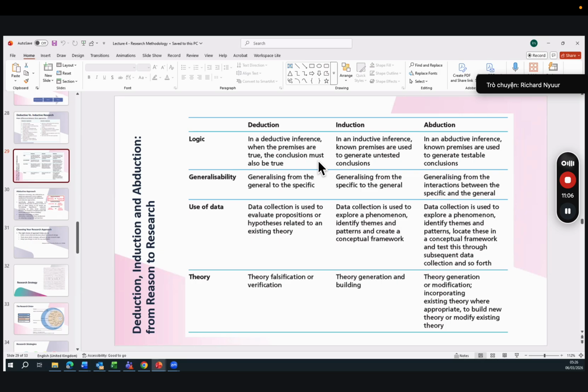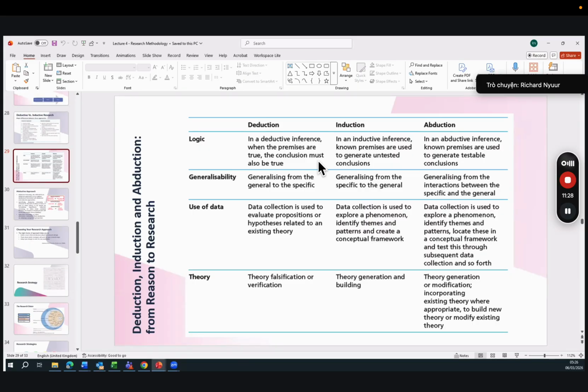And then abduction is where researchers use logic to generate a testable conclusion. So they generalize from the interactions between the specific and the general.